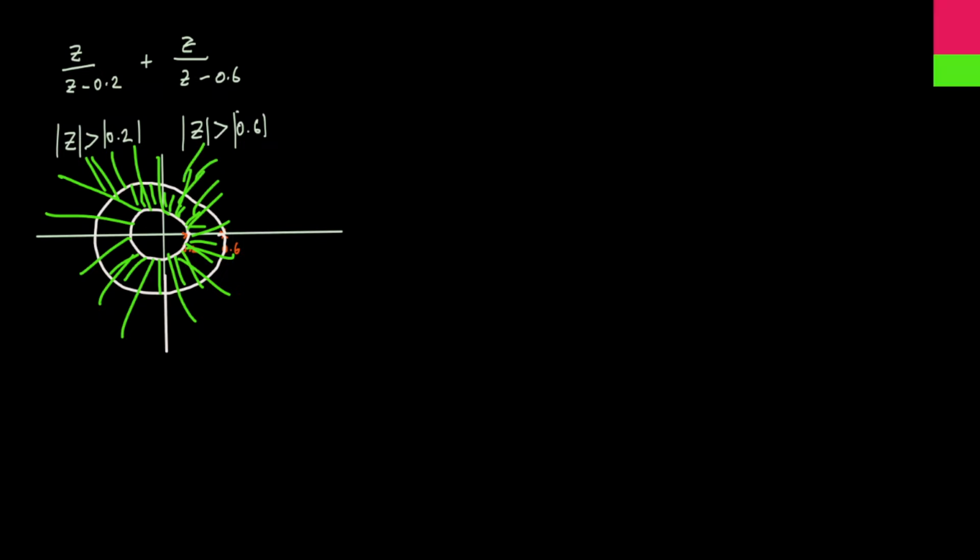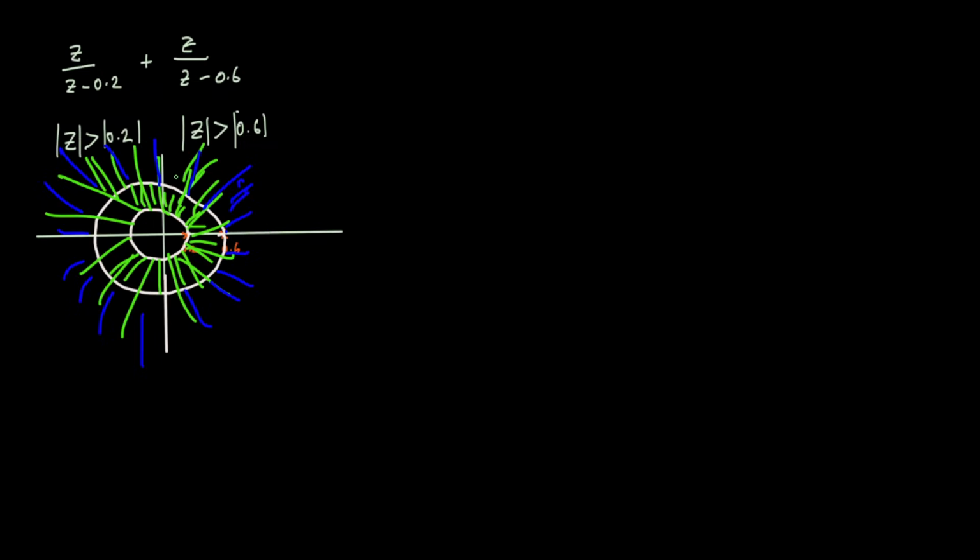And if I draw the region of convergence of the 0.6, that is greater than 0.6, so it's going to be exterior like this. Okay, so the property of the region of convergence is that if you have two outer circles, the outer of the outermost circle is going to be the region of convergence.